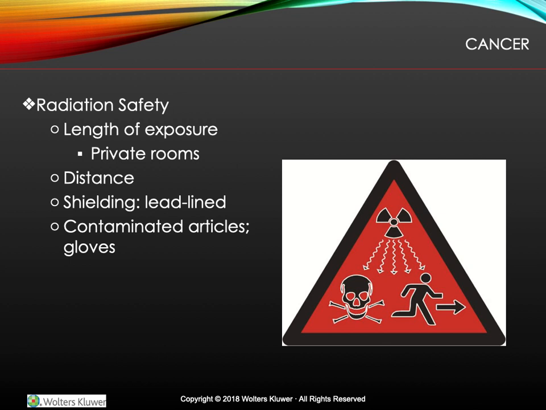If your client is receiving any type of radiation, whether it's oral or intracavity, however it's being administered, make sure that you are flushing that toilet at least twice to avoid any exposures to other people who may come into the room, because a lot of that radiation is expelled with urine and feces. So you make sure that you are flushing that toilet a couple of times to make sure that it dissipates from the room.